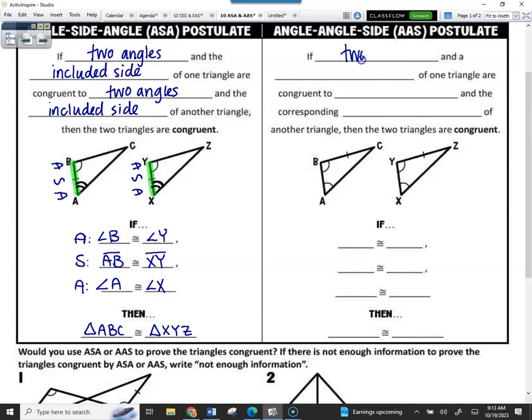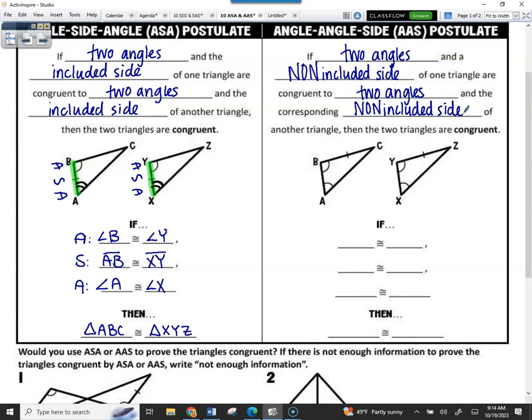If two angles and the non-included side of the triangle are congruent to two angles and the corresponding non-included side, then the triangles are congruent.